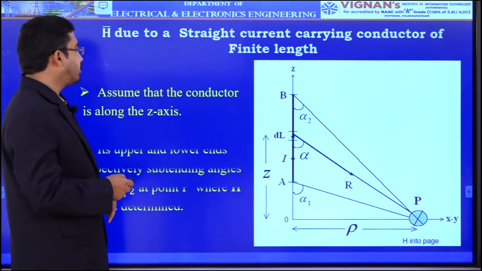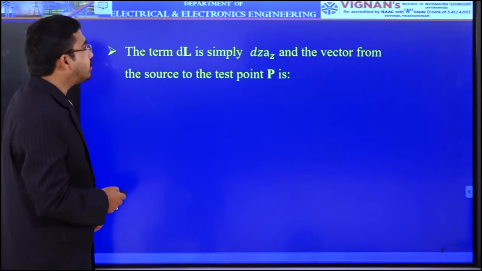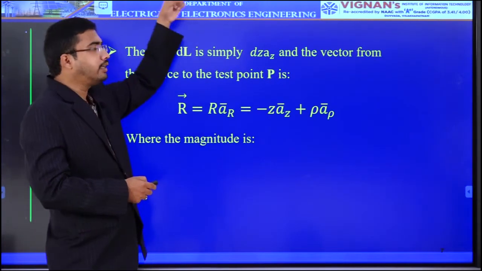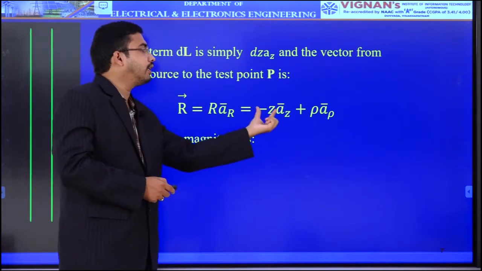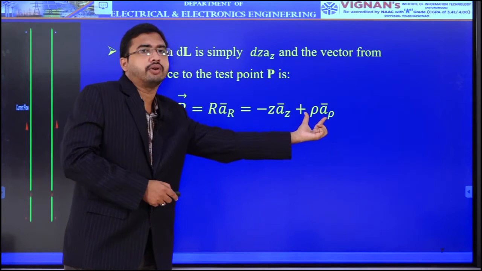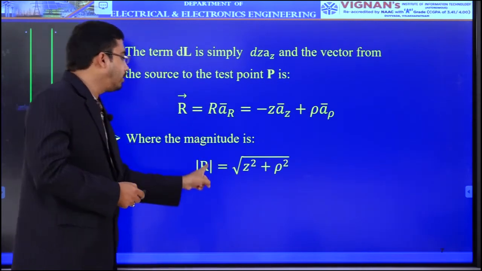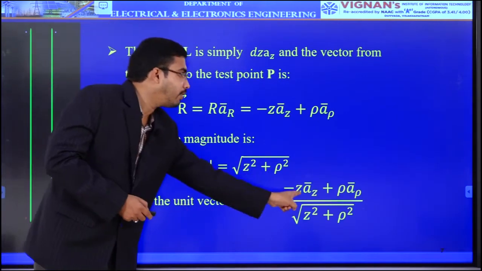Okay. So the same derivation we are using here also, except for small changes. Again, if you want to go from the differential length to the point P, what is the unit vector? That is minus z az plus rho a rho, as we have simplified in the previous derivation. Now the magnitude of this vector is shown. What is the unit vector? Unit vector is r bar by mod r bar.